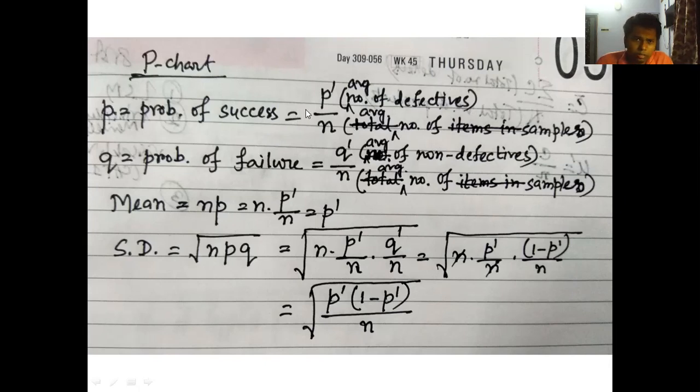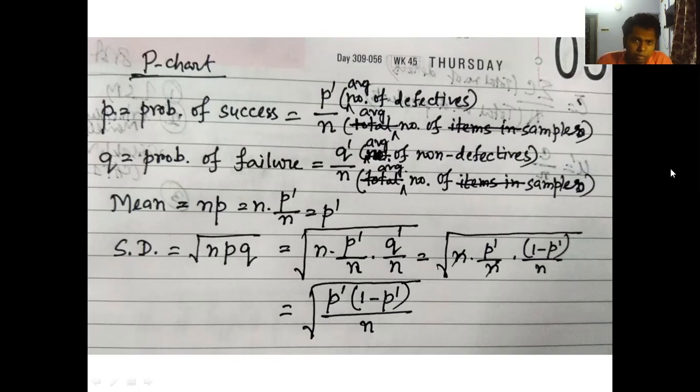So P is equal to P dash by N. P dash is equal to the average number of defectives, and N is the average number of samples. Q is equal to the probability of non-defectives, which is Q dash by N. If P dash is the average number of defectives, then Q dash will obviously be the average number of non-defectives, and N is equal to the average number of samples.